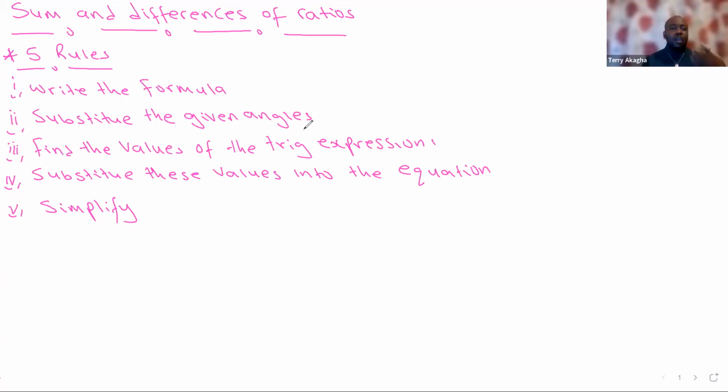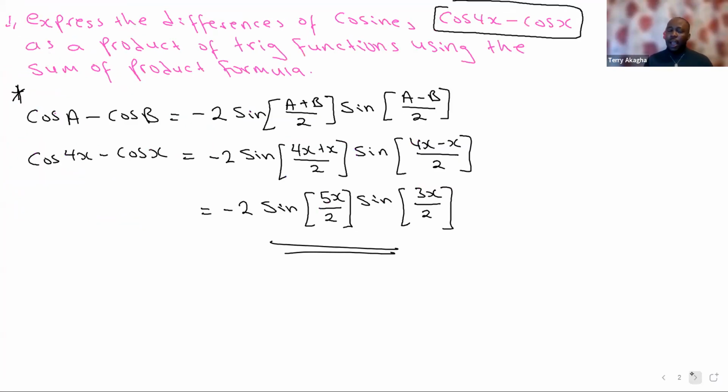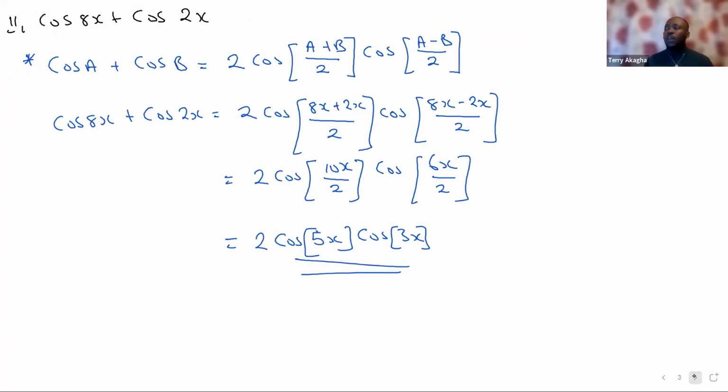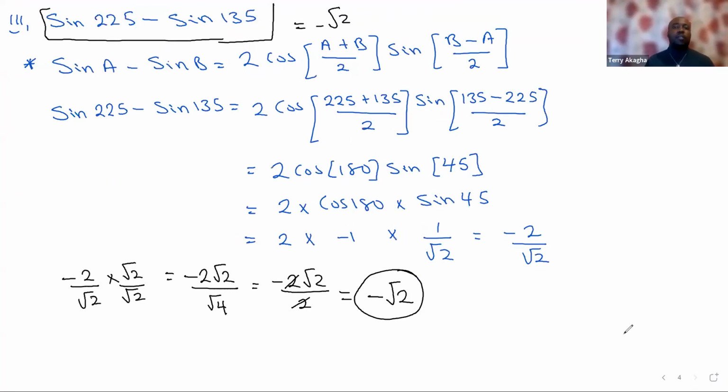But most of these formulas, when you practice a lot, you get used to them, all right? Then when you've written the formula, you substitute the given angles. Then you find the values of the trig expressions. You substitute these values into the equation, then you simplify. And then I solved an example on the differences of cosine. I did sum of cosine, and I solved one on differences of sine.